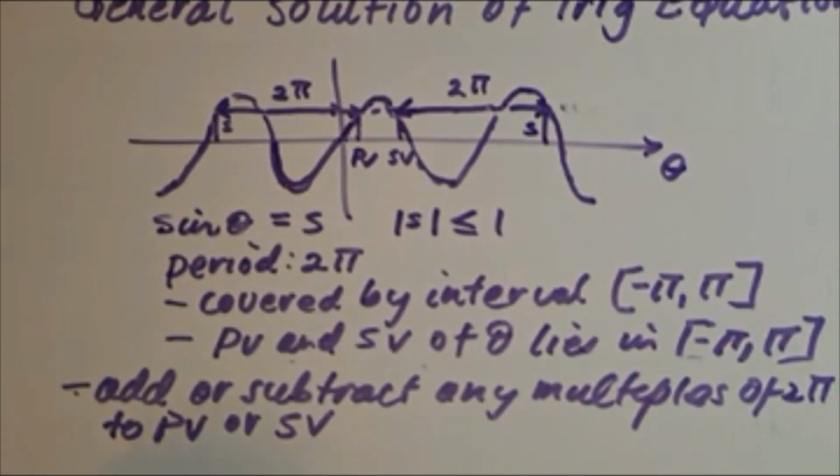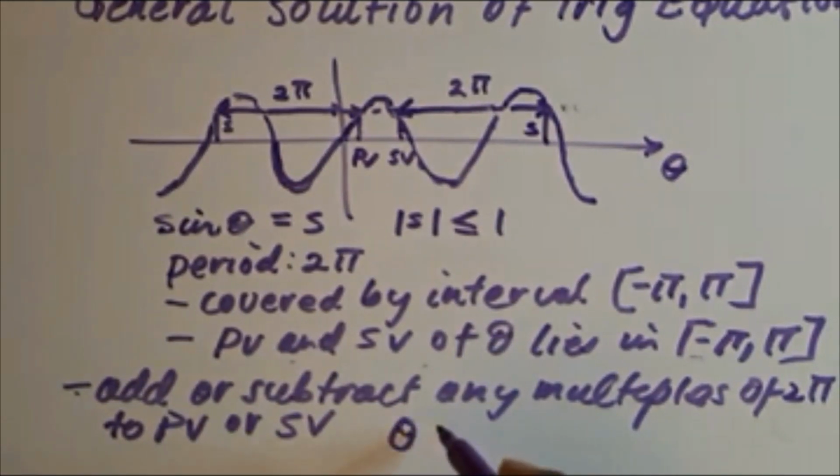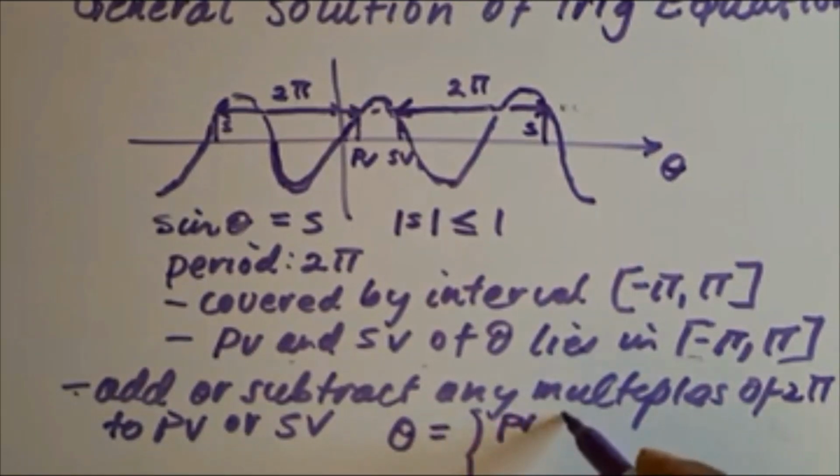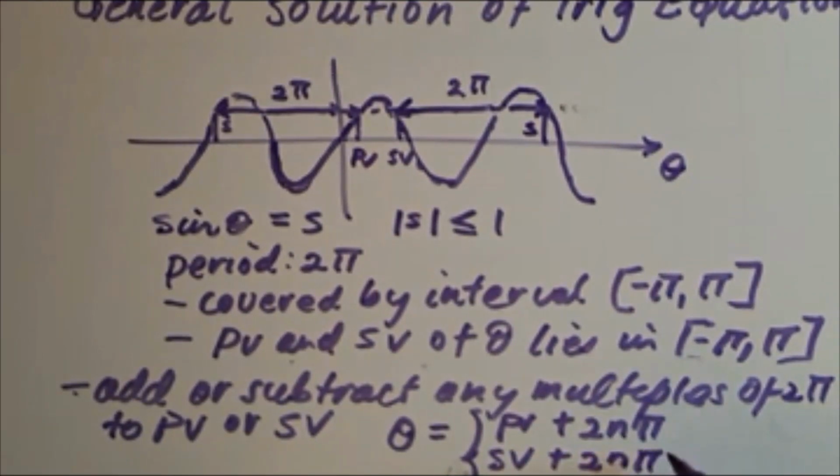And the general solution is now, we can write this as theta is equal to PV, and we can add 2n pi to get our general solution, and the SV we add 2n pi, where n belongs to the set of integers.